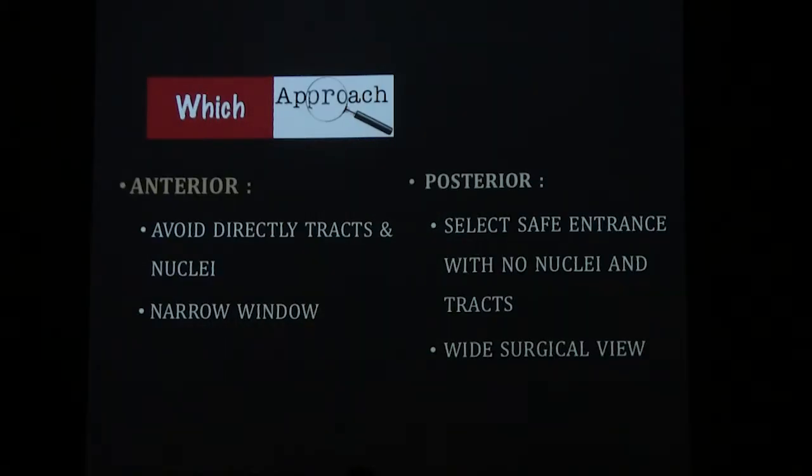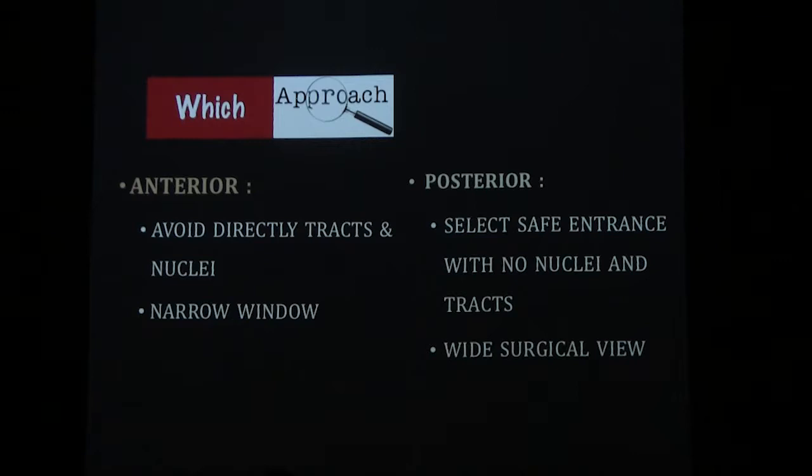Some cavernoma is very clear from where we need to come, but some is in the gray area. We debated, we discussed many times with colleagues in Europe, in America, whether better anterior or posterior. Sometimes there is no big indication. It depends on the experience and also on what we think about the gate to go.